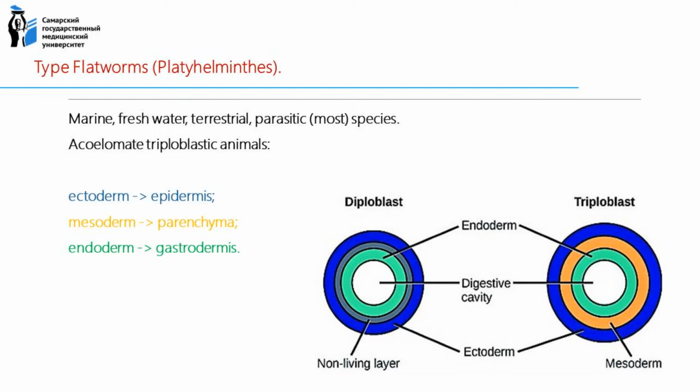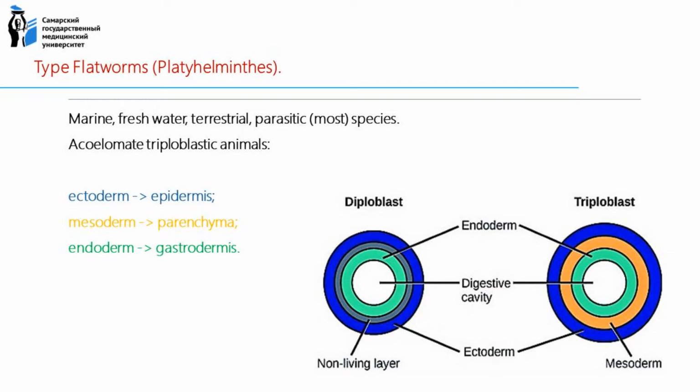They have three true tissue layers, primary germ layers, so the animals are triploblastic. They have the following embryonic tissues: ectoderm, that gives epidermis, mesoderm, that gives parenchyma, and endoderm, that gives gastrodermis.